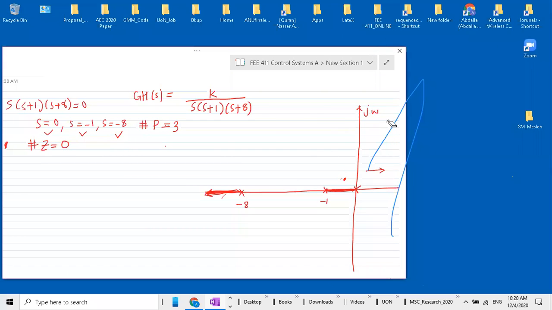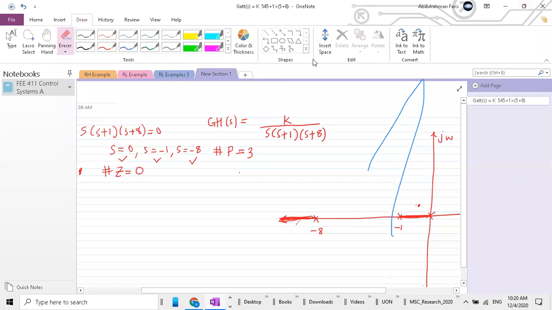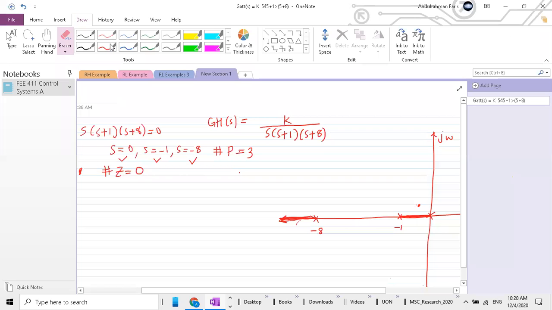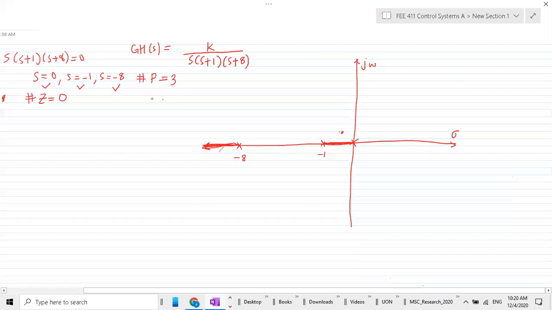So we call those asymptotes. So the number of root locus asymptotes: what I do, I say the number of asymptotes is actually the number of poles minus the number of zeros.